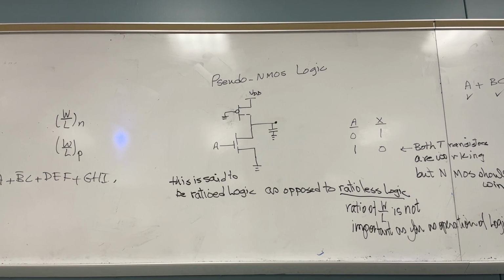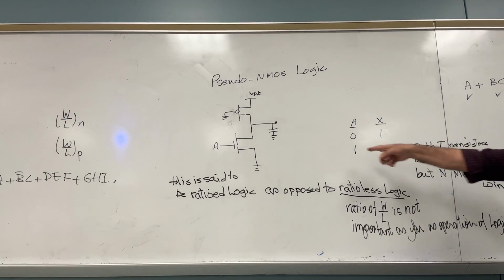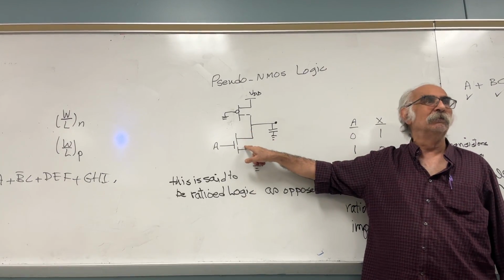But this one is a ratioed logic. What does ratioed logic mean? Your choice of W over L is crucial for the operation of the logic, not for the performance, but for the logic to work. Why? One more time. If A is 1, is this one working?